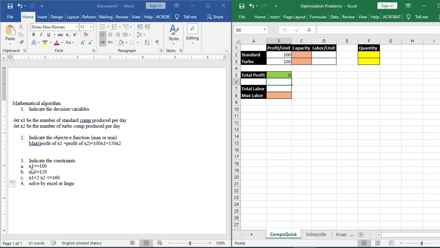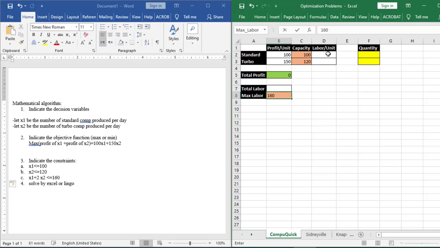Now, the constraints are that x1 is less than 100 because, in fact, x1 should be less than the capacity. So the capacity here is 100, and x2 is less than its capacity, which is 120. So this is the second constraint, which means that x1 here should be less than 100 and x2 here should be less than 120, and that x1 plus 2x2 should be less than the maximum labor, which is here 160.